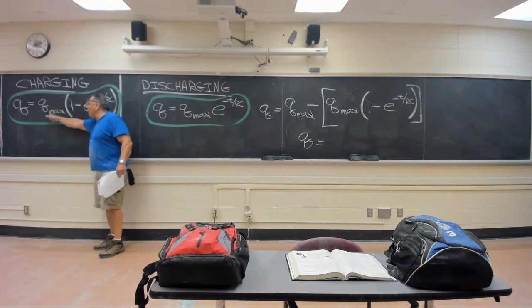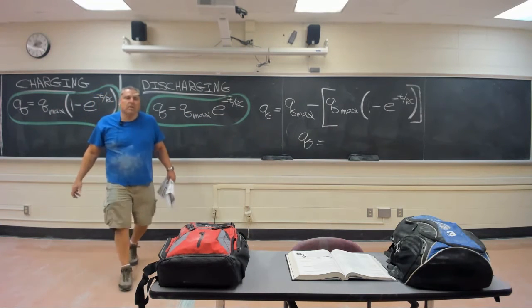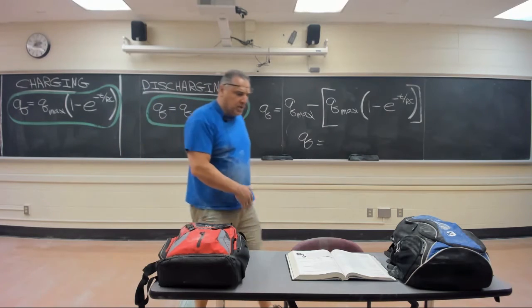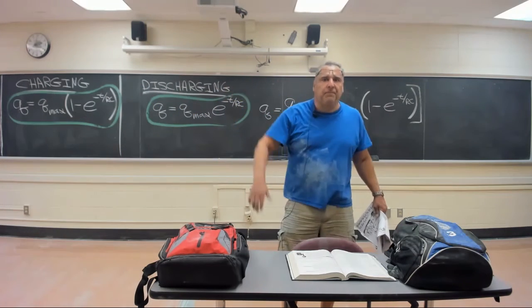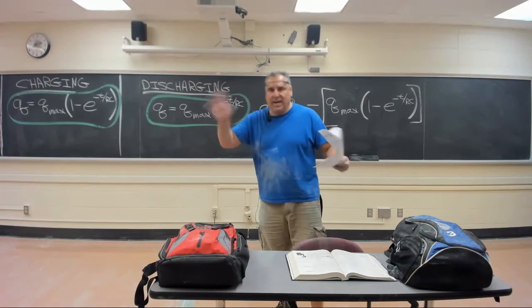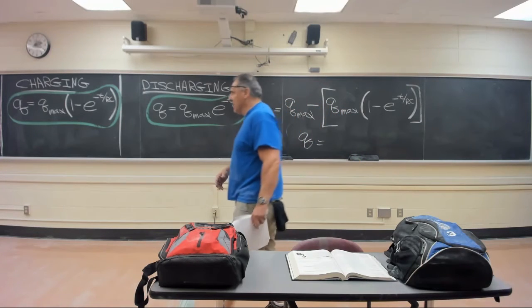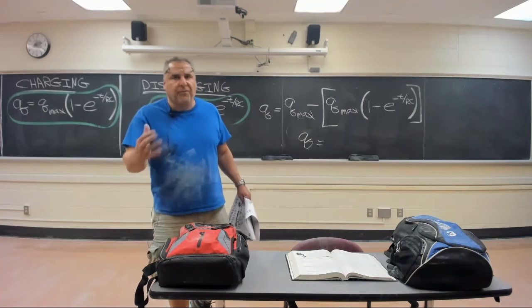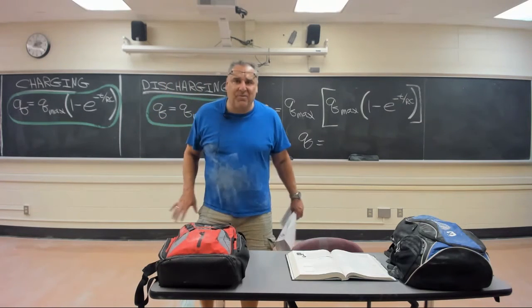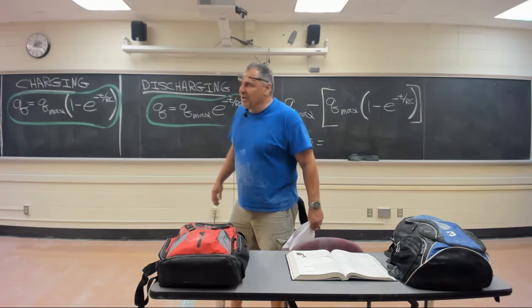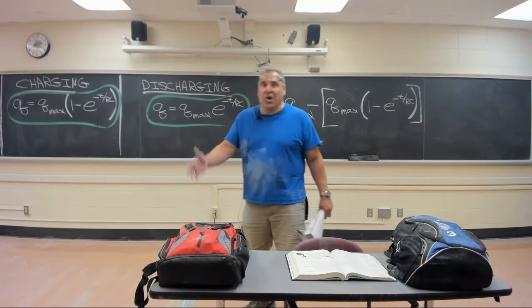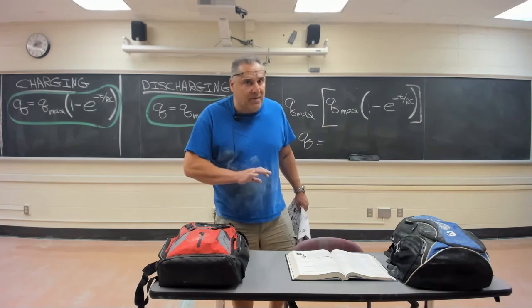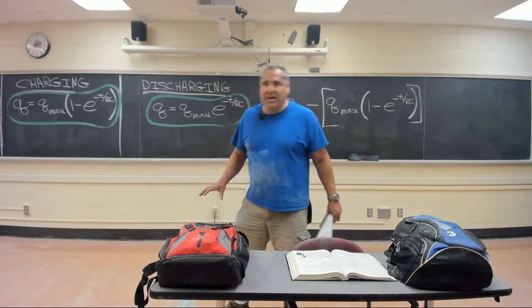Let's say you're charging a capacitor. You're charging it, you're charging it. You might charge it completely, fully charged. Then it's at Q max. How much is on a capacitor plate at t equals 0 if you're about to discharge it, if you fully charged it? Well, it's Q max. How much is on the capacitor plates when you're beginning to charge it, at t equals 0? You haven't charged anything on it yet.